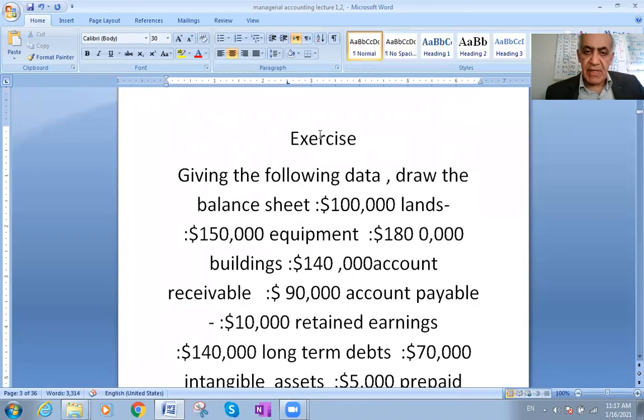So here is the exercise, which we will do right away. Given the following data, draw the balance sheet.